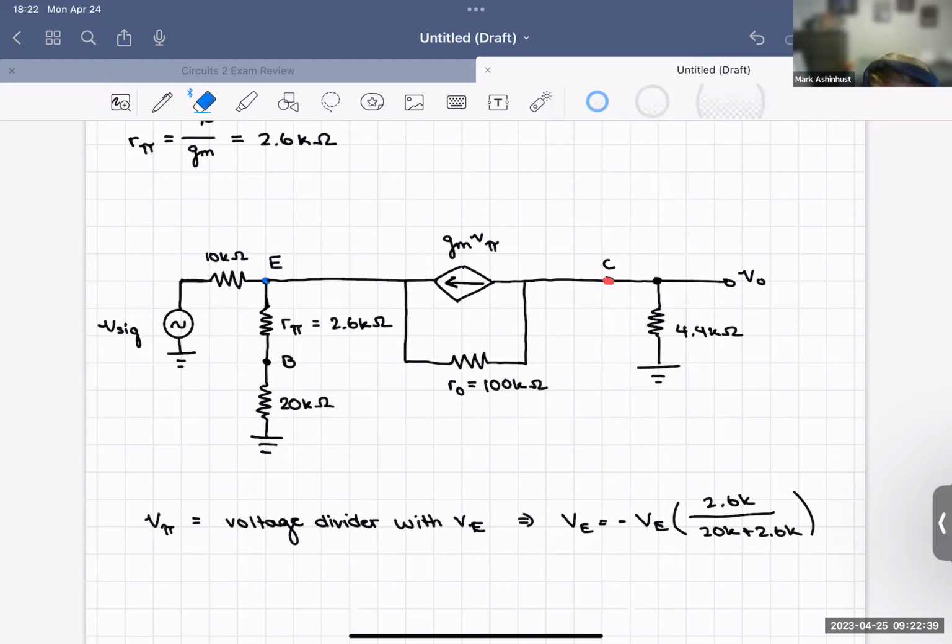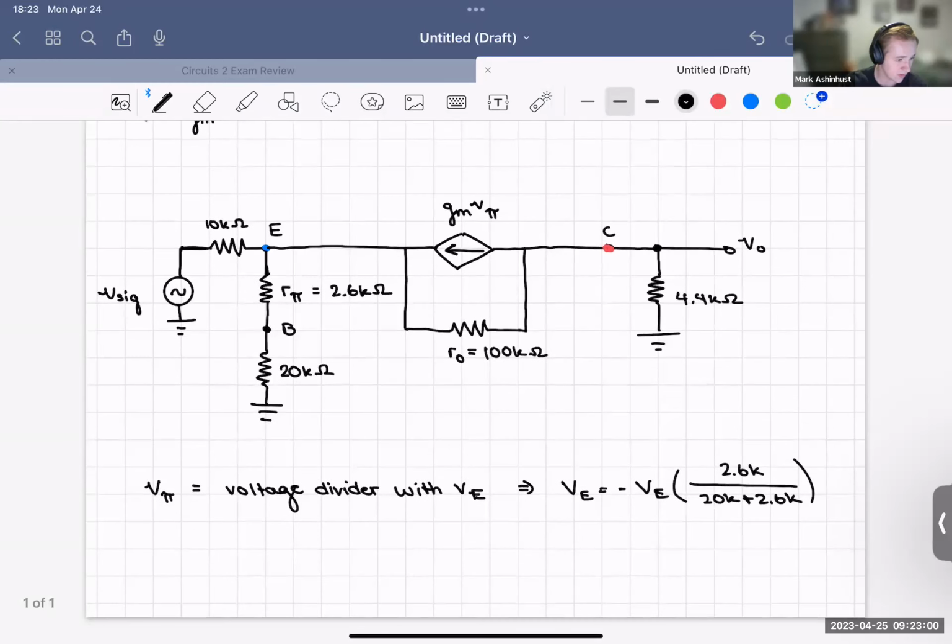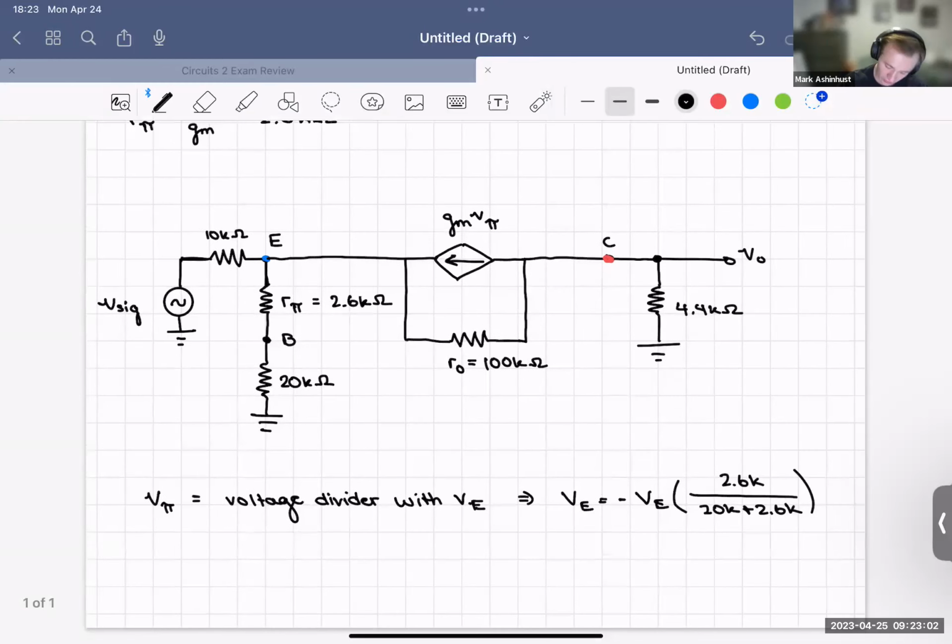As we're writing out more and more, I'm going to keep the K, but not keep the ohms, just to save writing. So writing that out, that should not be VE, that's V pi.